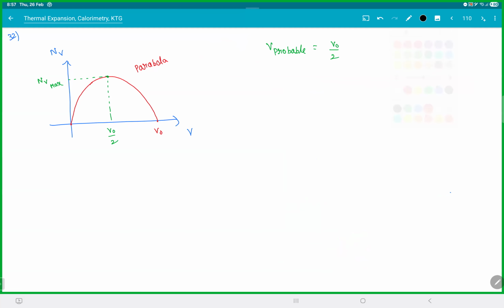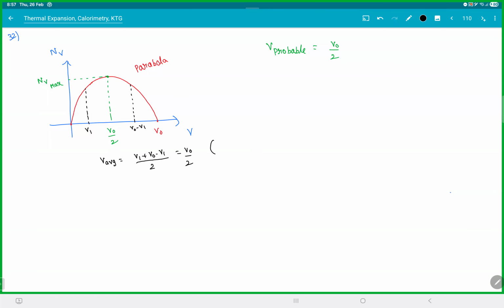And then you can also argue like this: for every one molecule that you have here, V1, if you take a symmetrical point here, this will be V naught minus V1, right? So the average will be V1 plus V naught minus V1 by 2, which is always V naught by 2. So you have an equal number of molecules on either side.